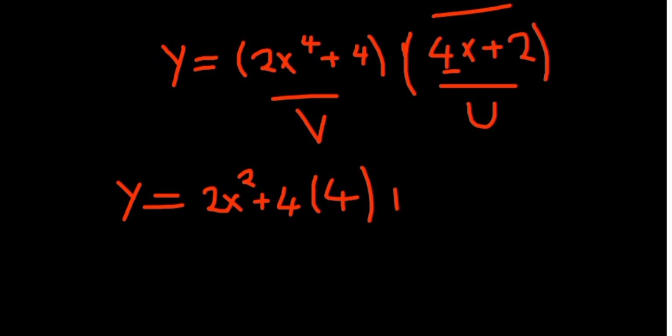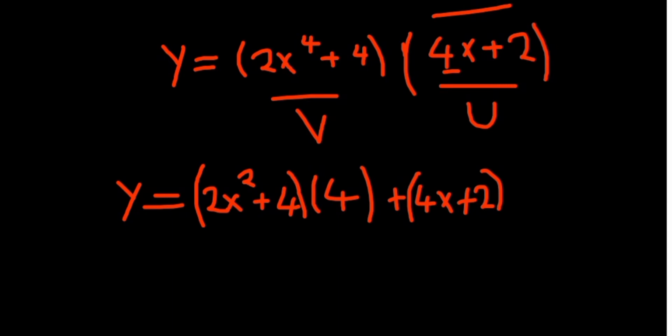Equally, when you move to the second part, you're supposed to multiply the u, which is 4x plus 2. So this will be in brackets. Equally, this should be in brackets because you don't want to just show that it's a product of 4 and 4, but it's a product of a function with 4.